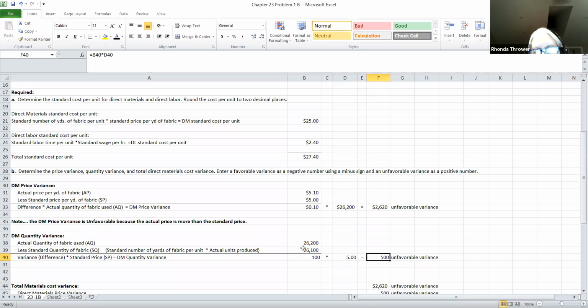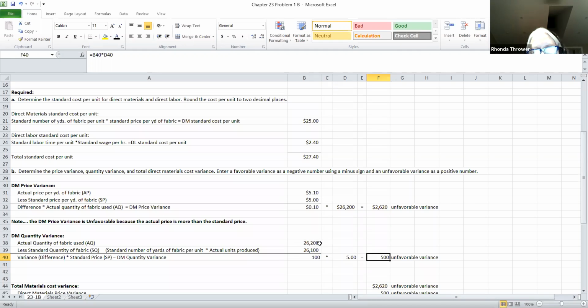It may be that you had received some fabric that was defective, and so you had to cut around it to be able to produce whatever it is that we're producing for this company. I think it's a pair of jeans or something like that.